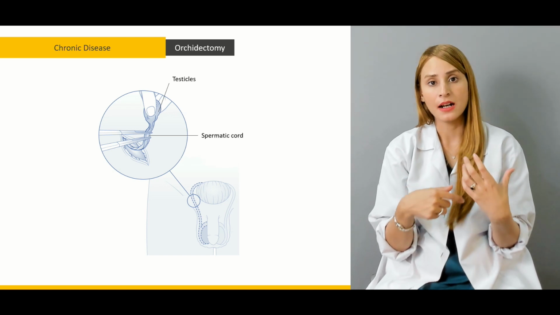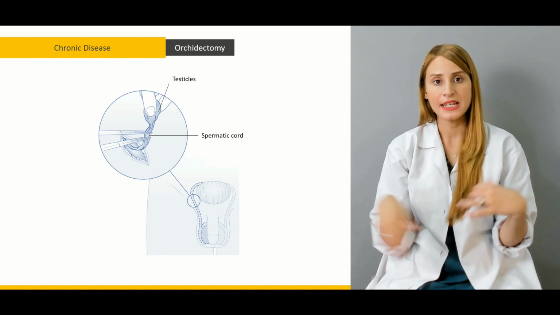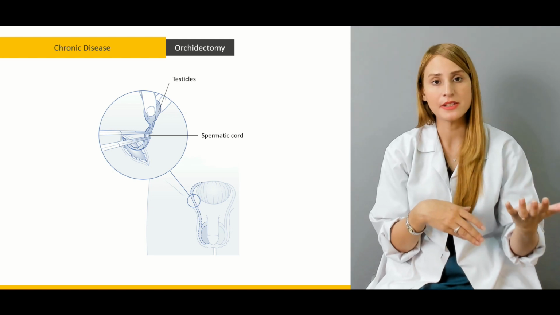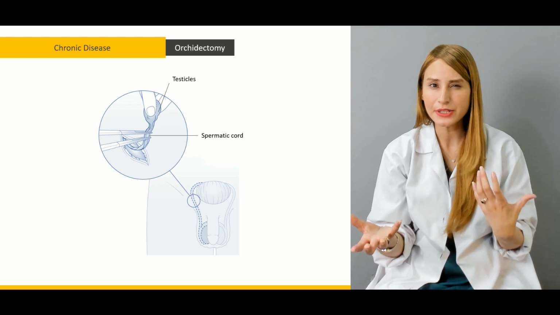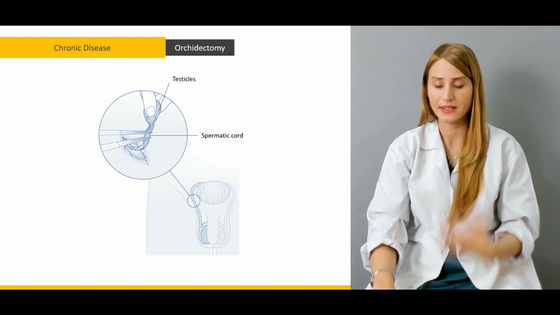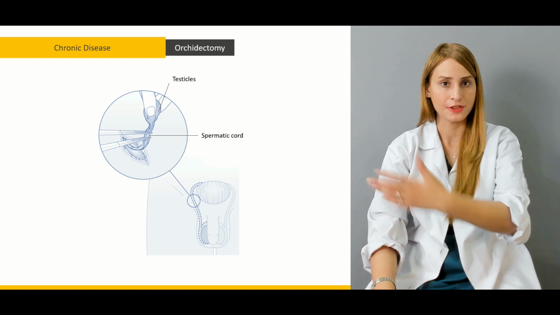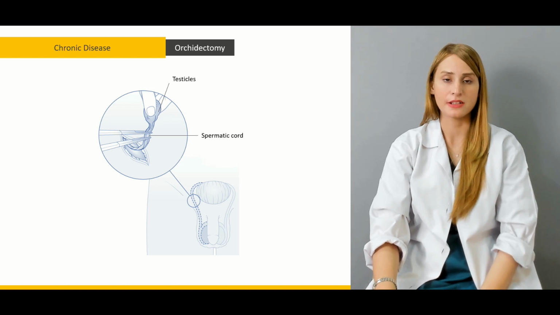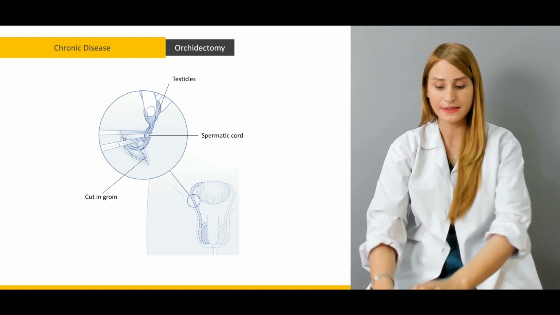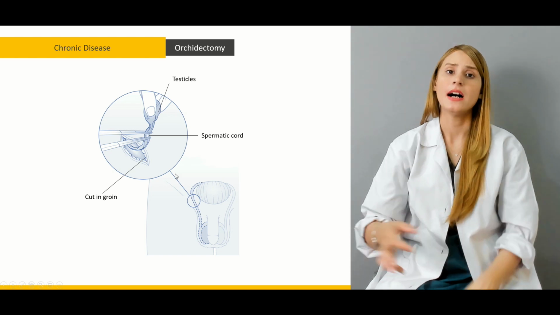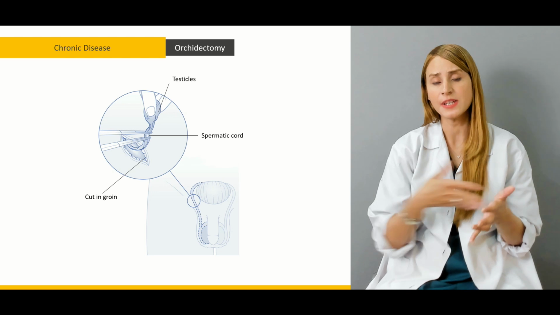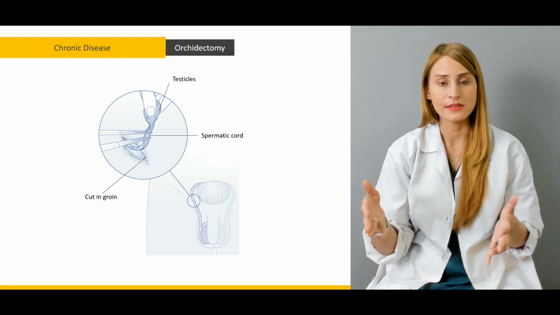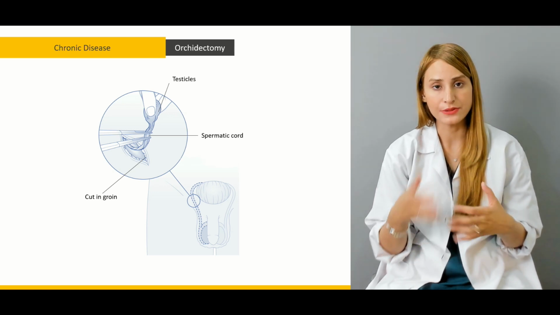And because the testicles are connected through the epididymis and the vas, you have to ligate the spermatic cord. So you have to separate the testes along with the epididymis from the spermatic cord, and then remove them and close the remaining incision. You can see the cut in the groin; sometimes you can approach by giving the cut in the groin, and you have to separate the testicles from the spermatic cord through this groin incision.